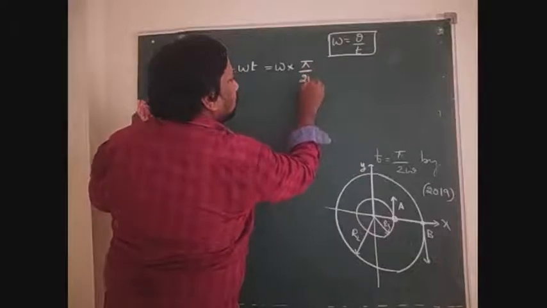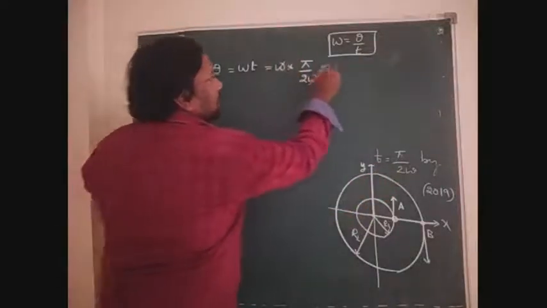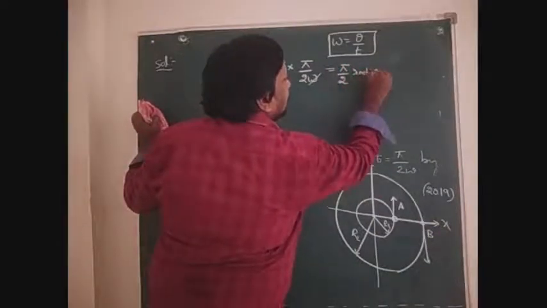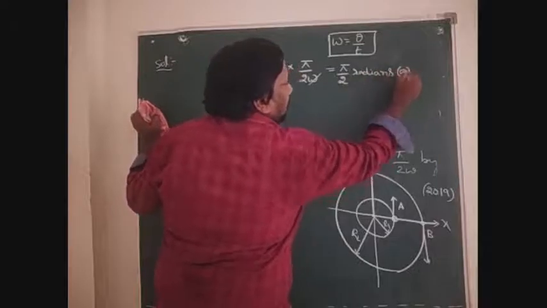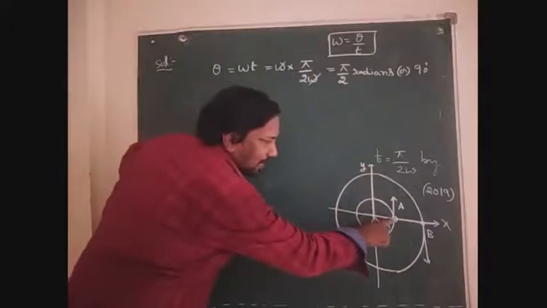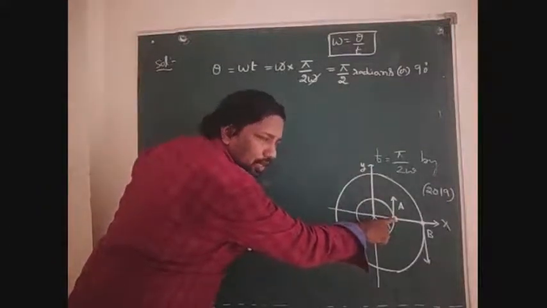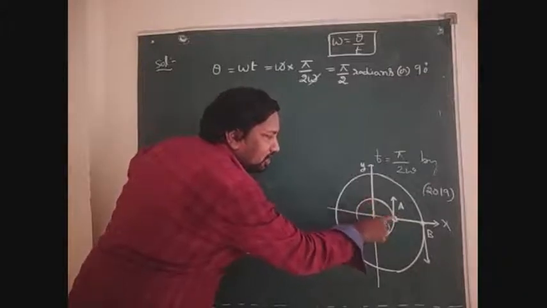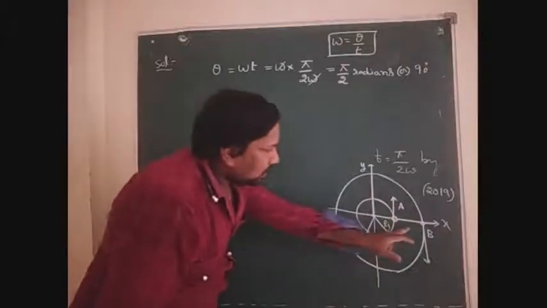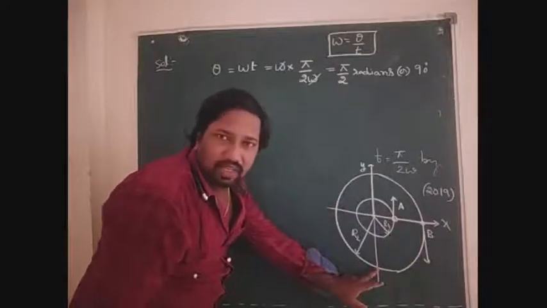Here omega cancels, so the angle is 5 by 2 radians or 90 degrees. In this situation, the particle A covers 90 degrees and its position is there, and the same when particle B covers 90 degrees, its position is there.